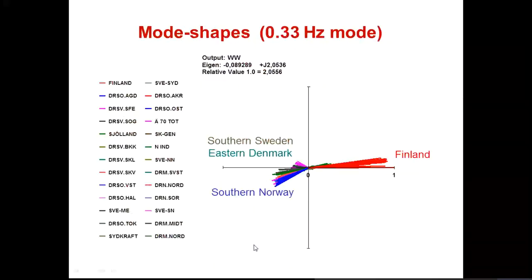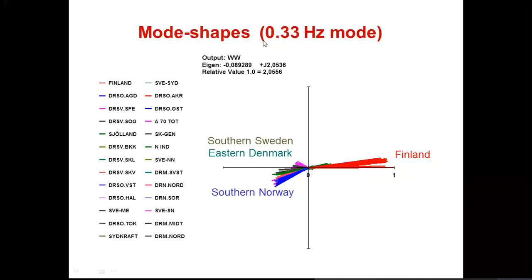And then, as you can see, what could be the mode shape at 0.3 hertz or so. In my presentation on small signal stability analysis, I showed how the generators located in southern Finland, southern Norway and Sweden oscillate against each other, and that was at 0.3 hertz or so.